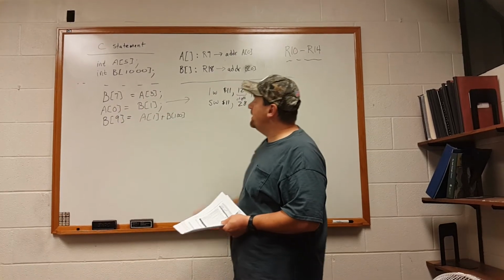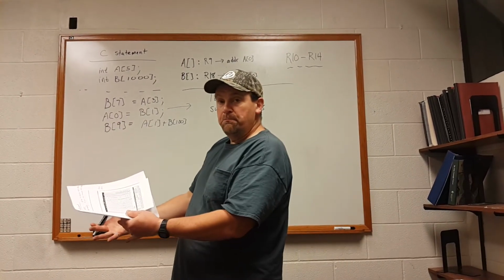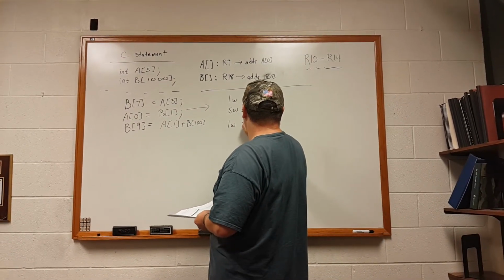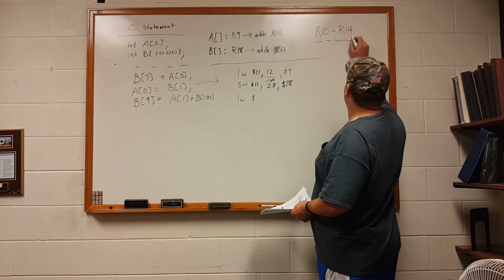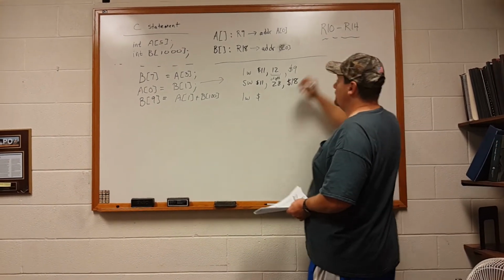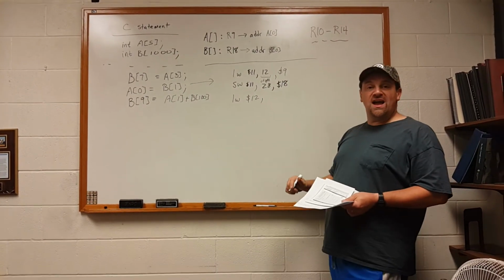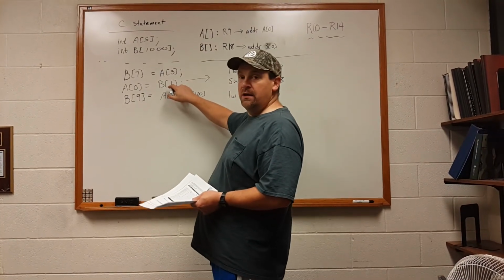Next, A of 0 equals B of 1. Well, we're going to have to load from B into A. So we've got the load word. Now, trash register, I get R10, 11, 12, 13, and 14. Let's choose 12. 12 is going to be a trash register. Now we want to access B of 1.